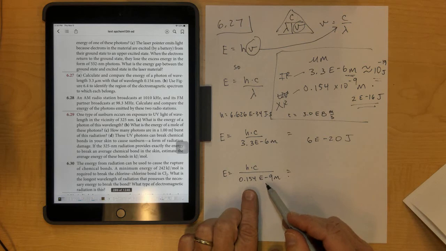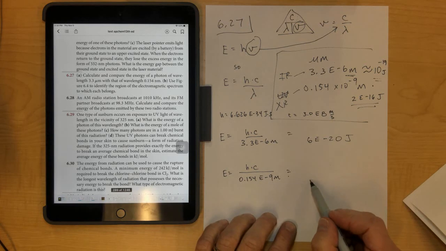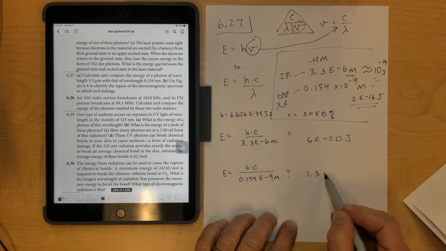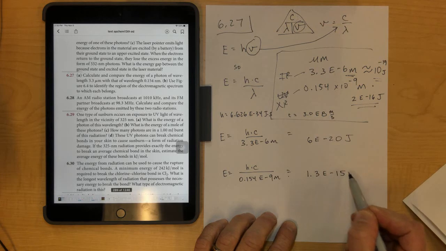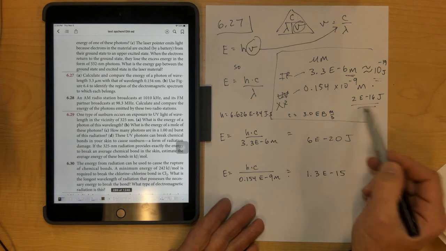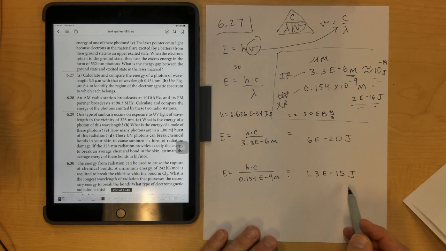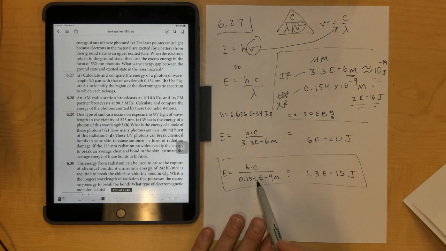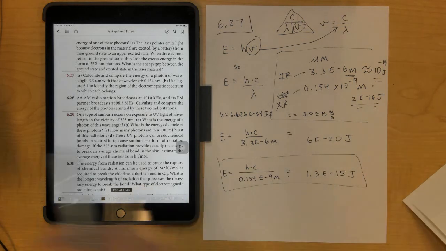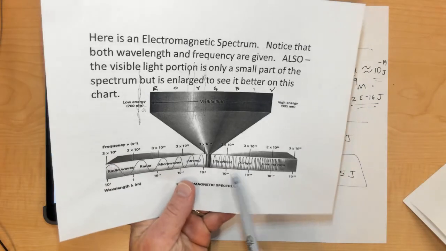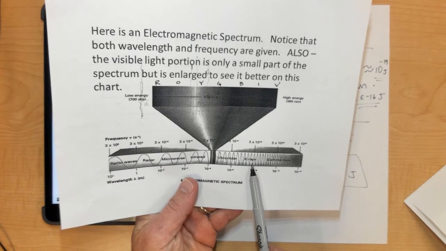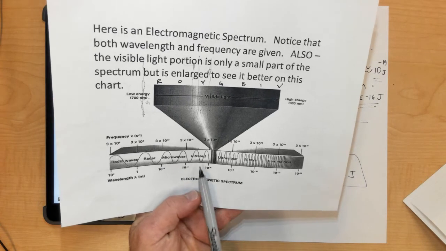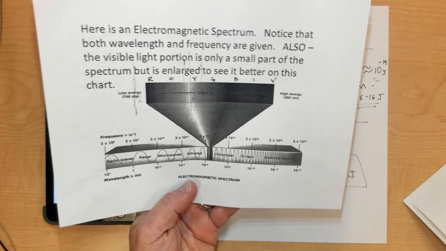And then this one, when you plug that one in, you get 1.3 times 10 to the negative 15th. So it would be a little bit larger than this, but we got pretty close to the number of joules there as well. And we can see that this radiation has much more energy than this radiation, which makes sense because X-rays have much more penetrating power and are much more energetic than something over here that's in the infrared area.